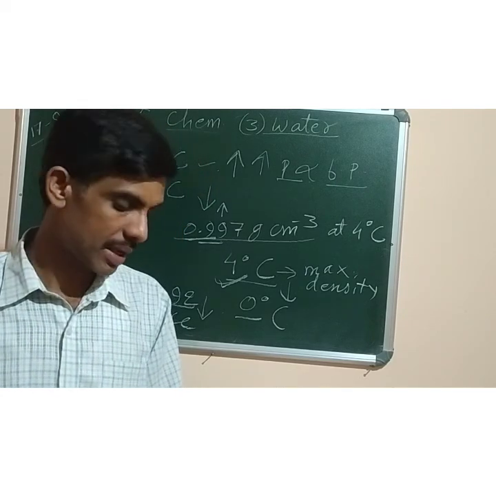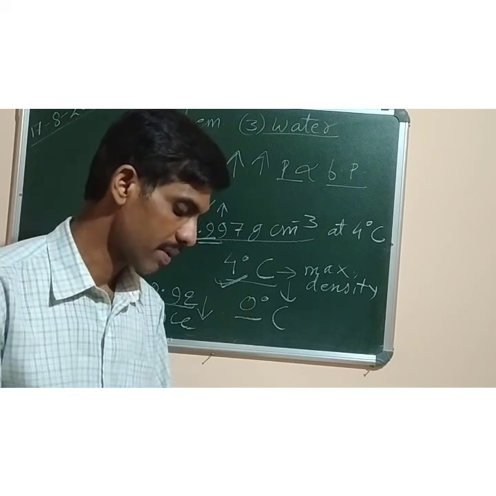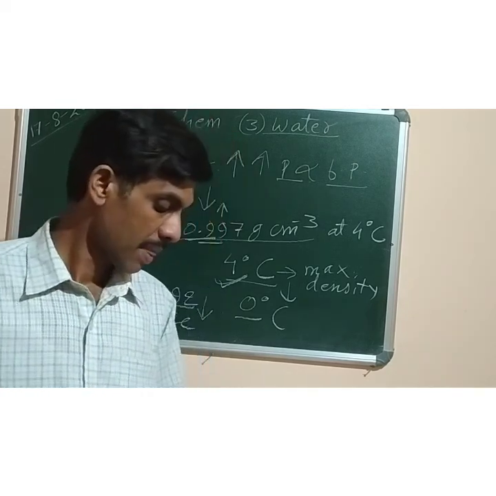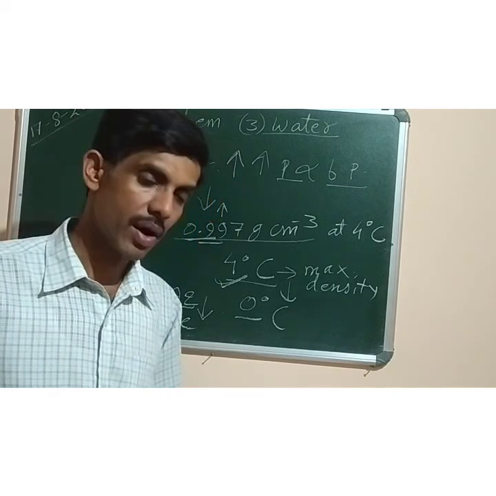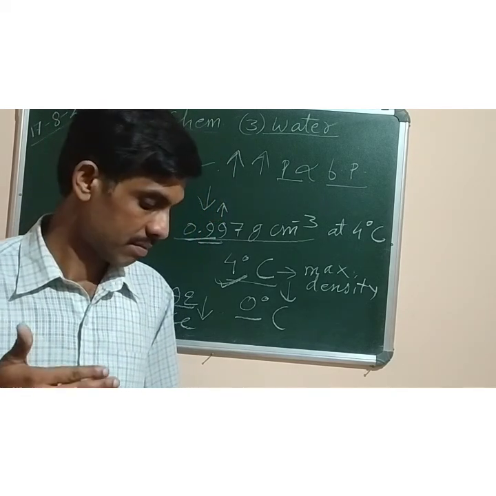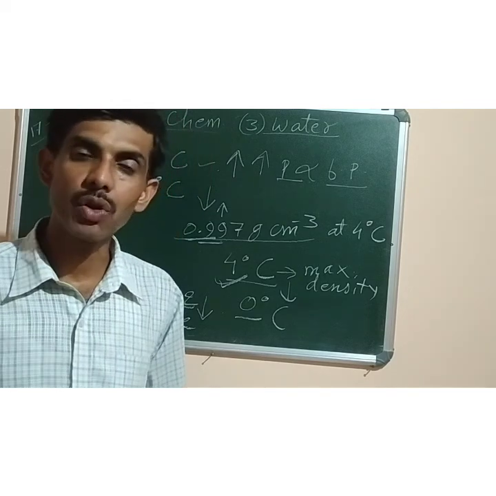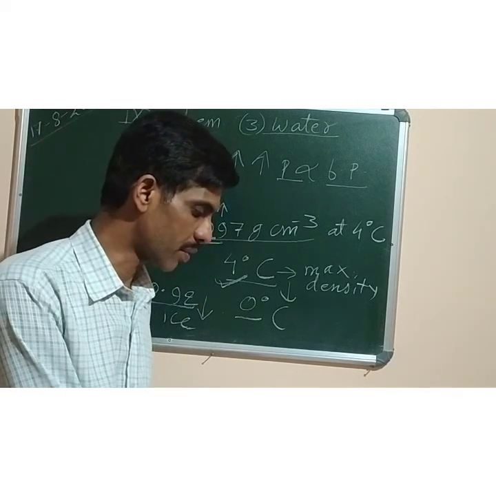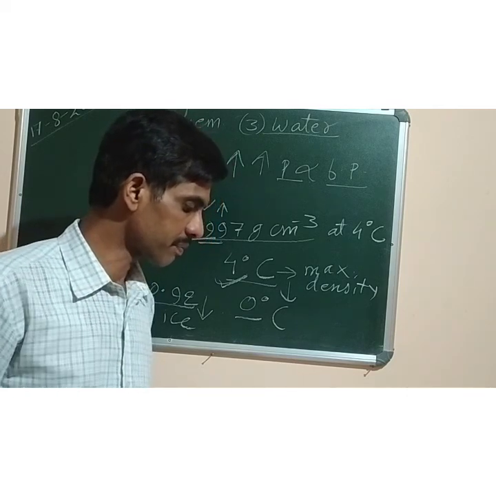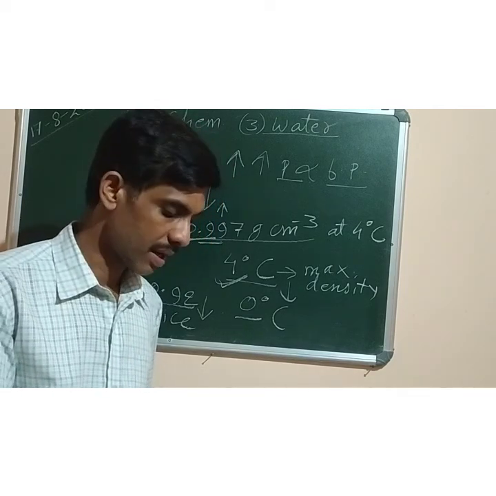Name the different materials that it can dissolve. And one more question to add: what are the factors which are responsible for water being a universal solvent? Explain those factors if you can, like what is high dielectric constant and all.